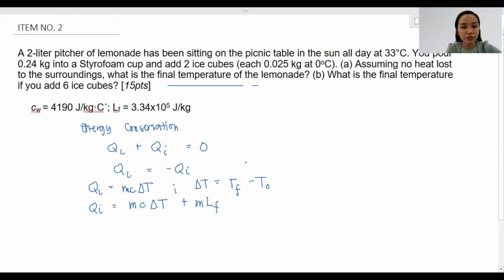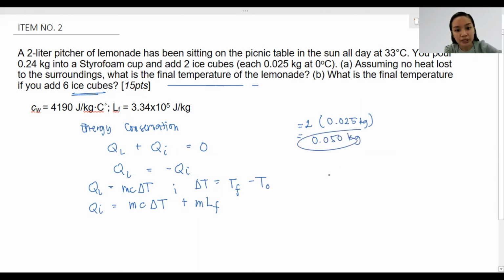And then take note for letter B, what is the final temperature if you add 6 ice cubes? So for letter A, we are going to solve for the 2 ice cubes. So yung 2 ice cubes natin, we have 0.025 kilogram each. So if you multiply ninyo yan, for 2 ice cubes, you will obtain 0.05 kilograms.